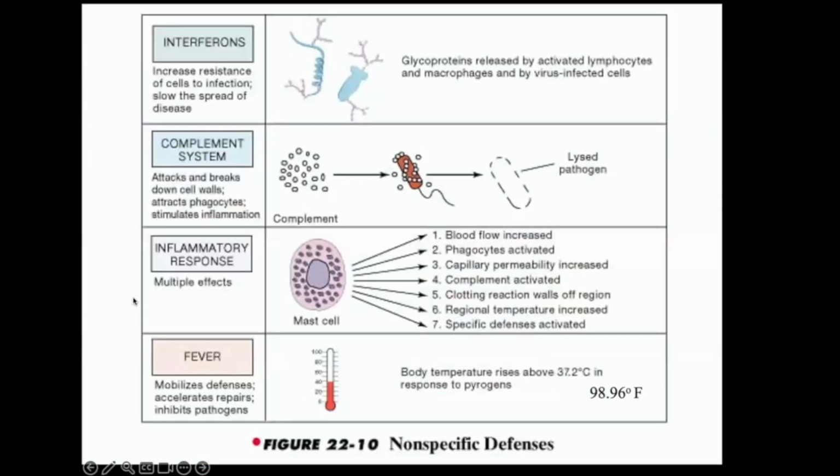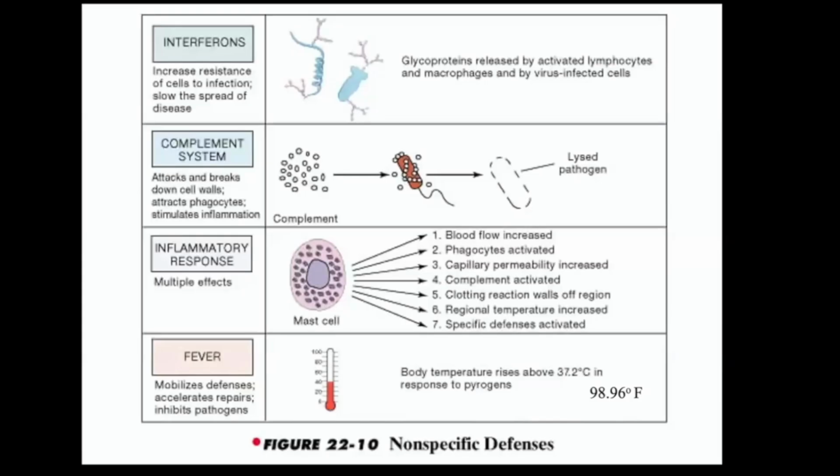All right, we've already talked about inflammation, but I do want to talk about interferons. Interferons, up at the top, are glycoproteins. They are released by lymphocytes that have been activated, and also macrophages and virus-infected cells.